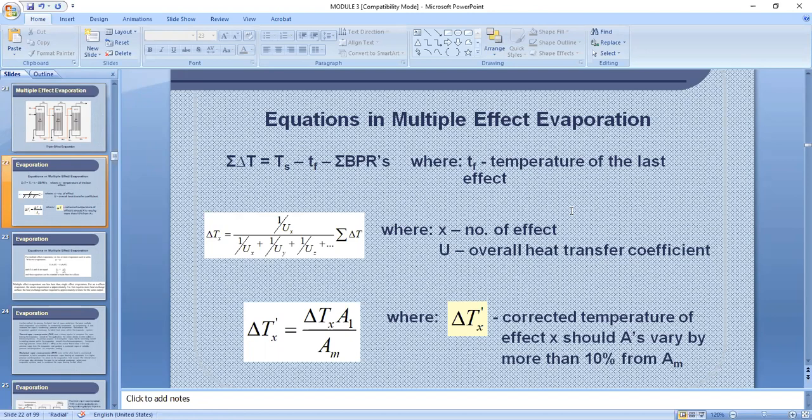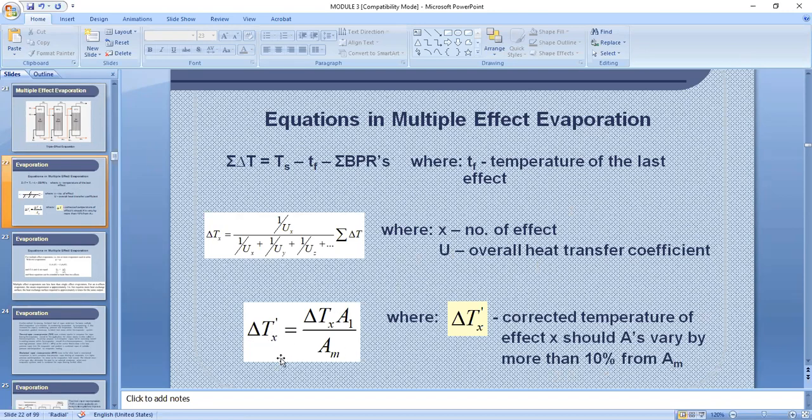So if the individual areas computed for each of your effects deviate from the mean of these areas by more than 10%, there's a need for you to redo a certain step and have some correction in the process.